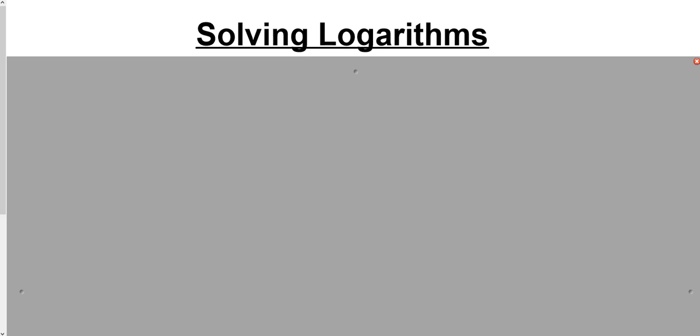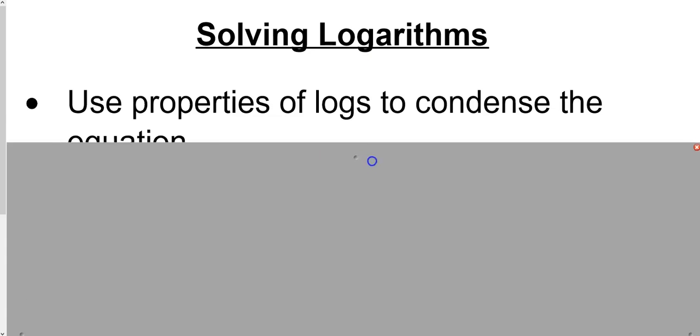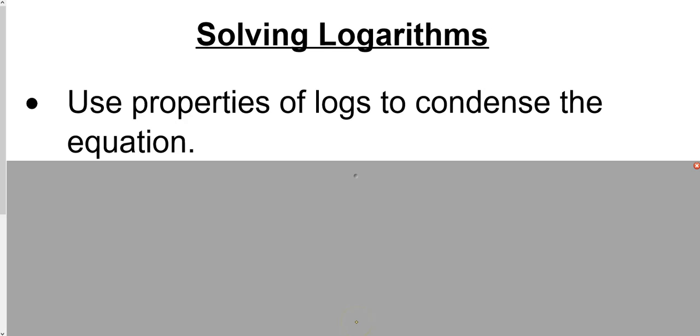When we solve logarithms, a couple things that you want to try. Use the properties of logs to condense the equation. If you have addition and subtraction going on between your logarithms, or a number in front of your logarithms, remember that the number in front can be put up as a power. Addition and subtraction can be condensed down to represent multiplication and division. So try condensing things down to begin with.